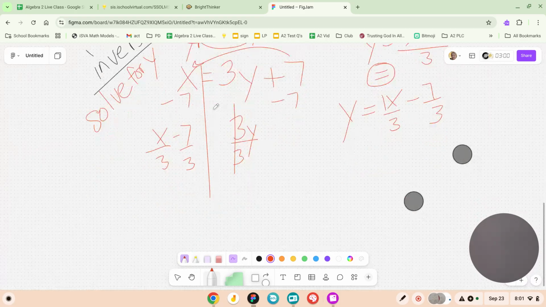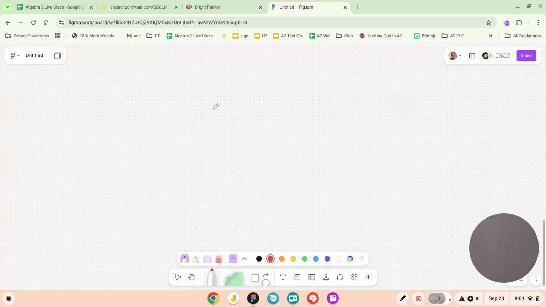You're just checking to see if the second equation is the inverse. So you're going to take your equation, switch your x and y, and work it out and see, yes or no. And then you keep going into number 11 is vocabulary.